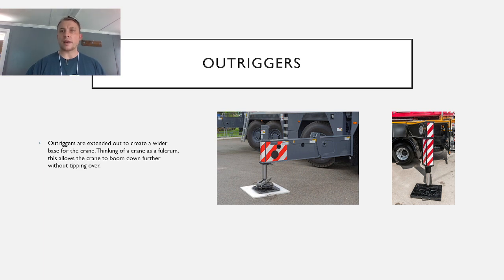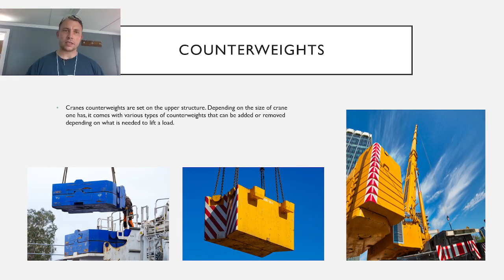There have been a lot of accidents with cranes where operators have not pushed the outriggers out and set the pads down onto the ground, and it causes the crane to lose stability and tip over to the side or backwards.